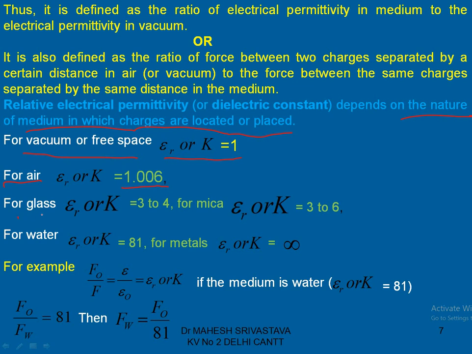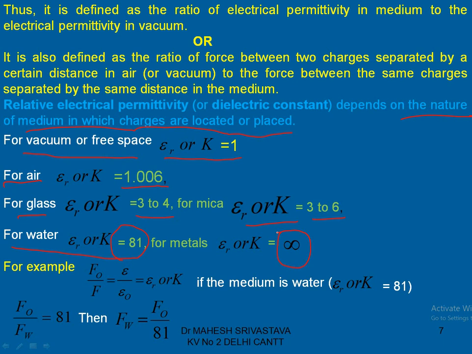In case of glass, its value varies from 3 to 4 because of the different kinds of glasses. Similarly, for mica, its value varies from 3 to 6, and for water, its value is 81. You remember this one. And for metals, its value is infinite.